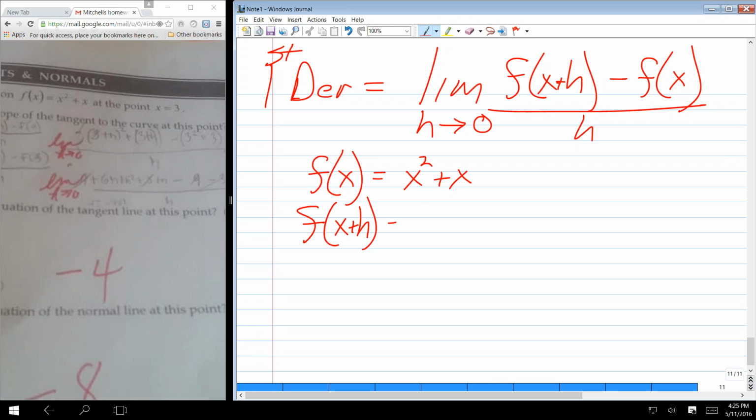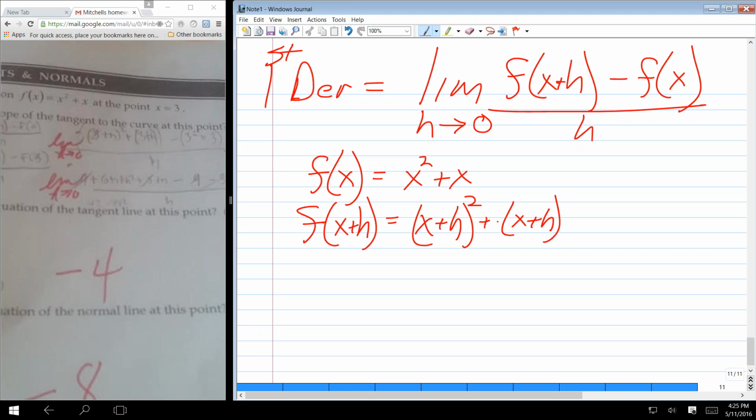Is it x plus h squared plus x plus h? Correct.